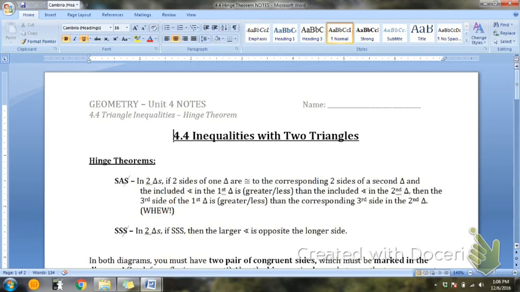All that means is that we need to make sure that we are paying attention to, they are going to have one side that's congruent and one angle that's congruent. Okay, so let's write that underneath the side angle side.